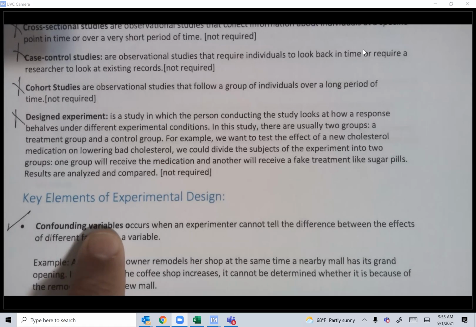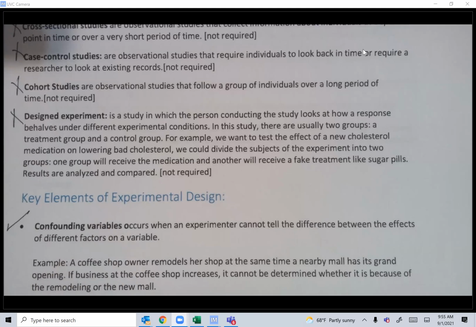They occur when an experimenter cannot tell the difference between the effects of different factors on a variable. And the shop owner will never be able to tell whether the increase was due to the remodeling only or the increase in traffic in the area as a result of the new mall opening.